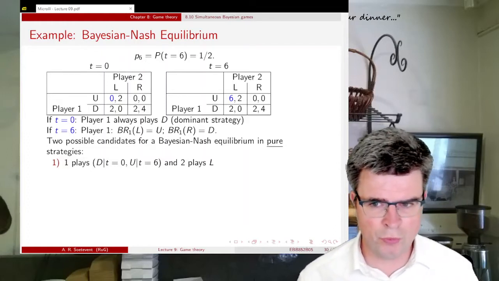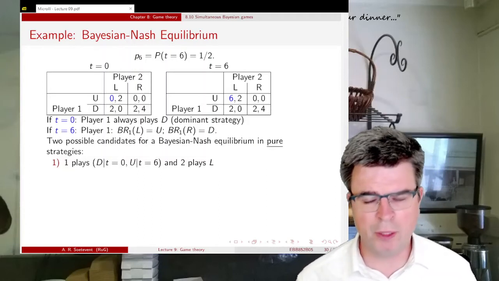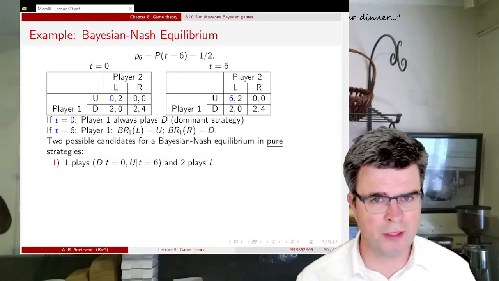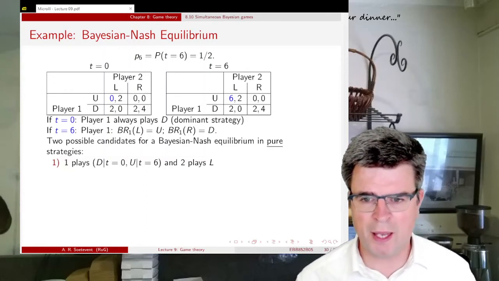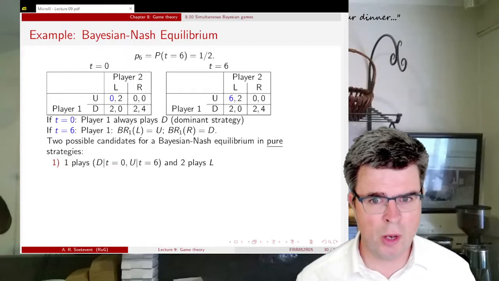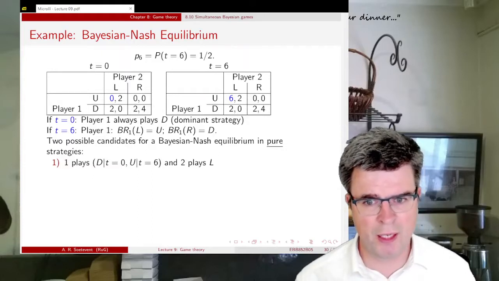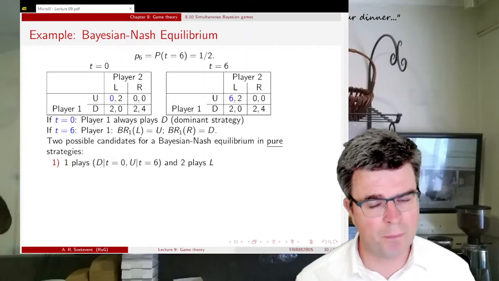So the first candidate is where player 1 plays down if T is 0, because that's the dominant strategy when T is 0, and he plays up when he's of type T is 6. And player 2 plays L.